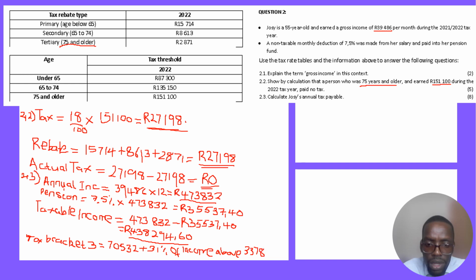So it's very important that you start by giving us the formula there, because there are marks that you are going to be getting for giving the formula.